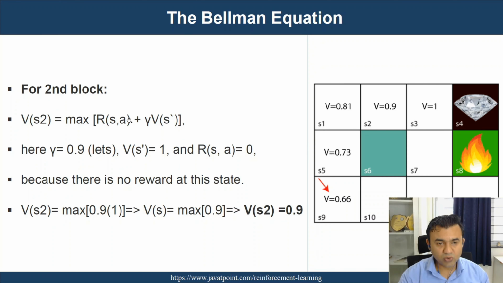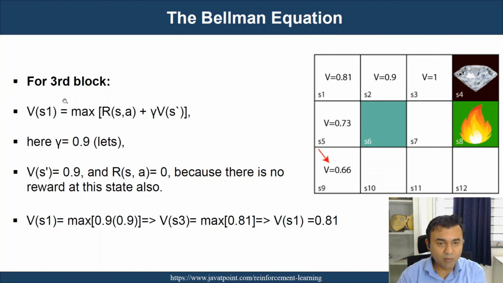Now put those values in: this becomes 0, gamma becomes 0.9, the value of the previous state is 1, so the value at S2 is 0.9. If I am moving away from the diamond, the value is decreasing, and when I move towards the diamond, the value is increasing.